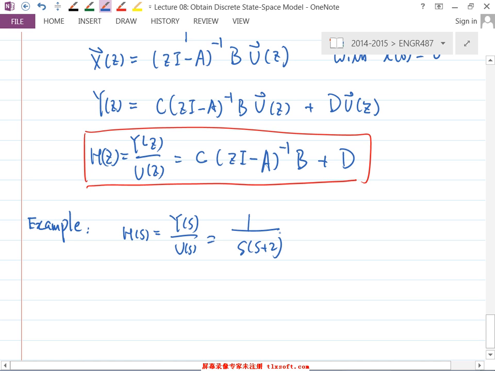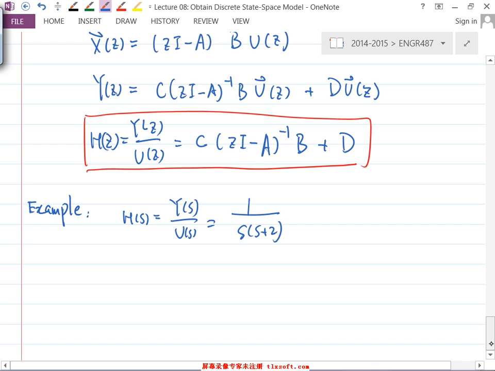Generally you can consider it as a control input and position output of the system. So what we're trying to do is obtain the discrete state space model based on this guy here with a sampling time, let's say equal to 1.